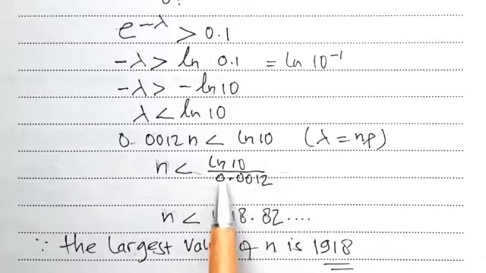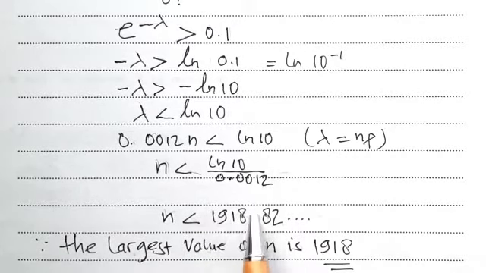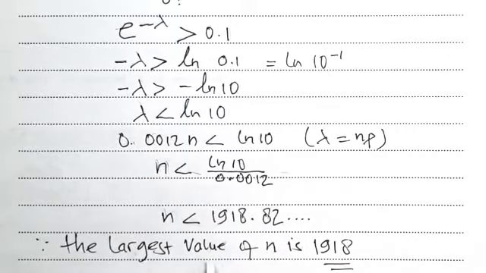Using your calculator, n is less than 1918.82, etc. Thus the largest value of n is 1918. This is the answer for B. Now that is all for today. See you in the next video. Thank you.